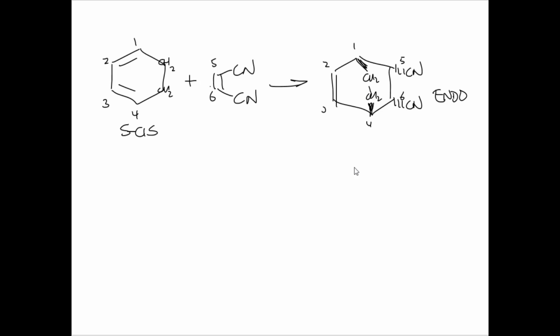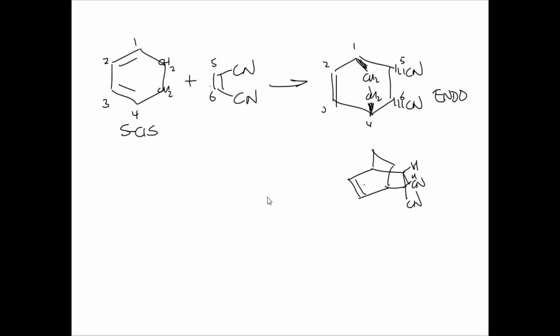So this structure, and we saw these back in first semester, this would actually be the molecule that we would make. We would have our CN there and our CN there, and then our hydrogens would be in our equatorial positions. So this was a bicyclic compound that we saw before.